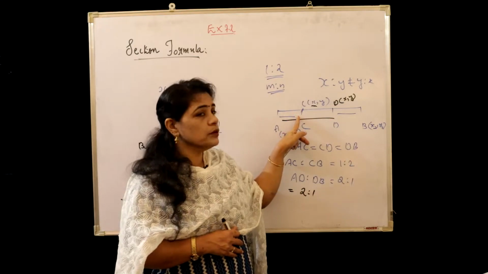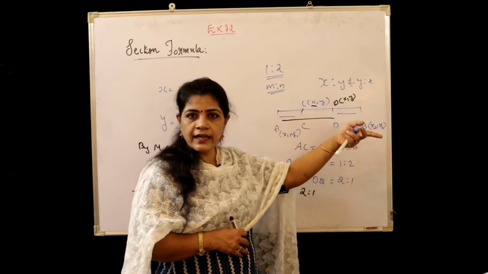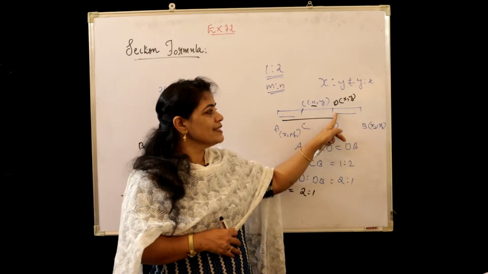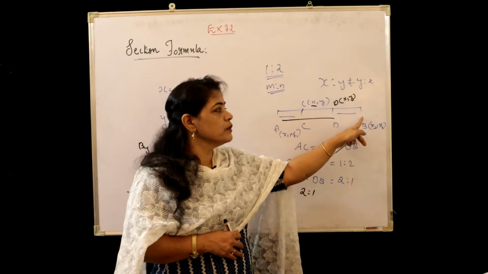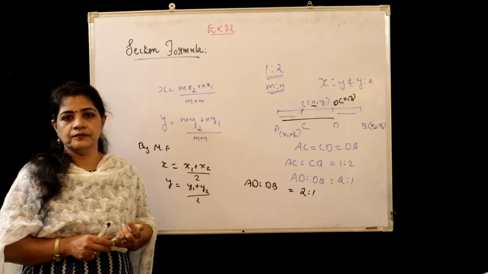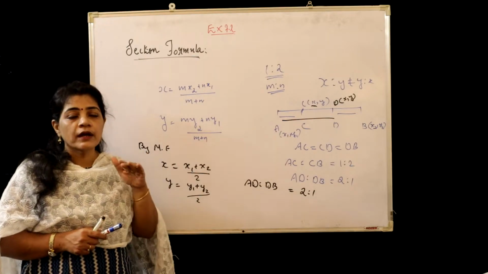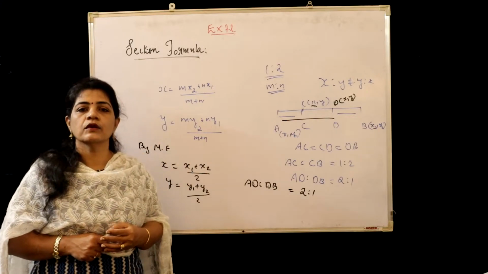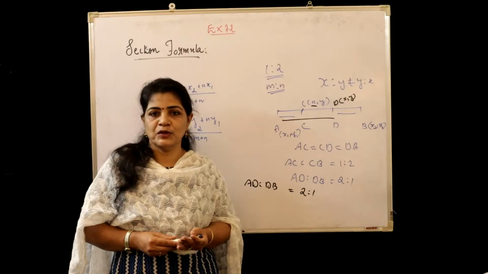That means now you know the coordinates of C and B. So in order to get the coordinates of D, since D lies exactly in between C and B, you can apply the section formula. These are the applications of the section formula, so by using these ideas we can easily complete all the problems of exercise 7.2.